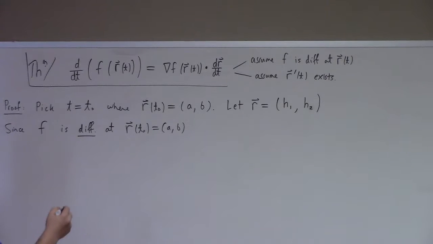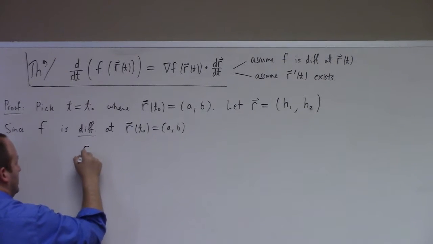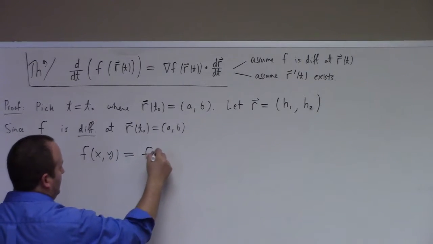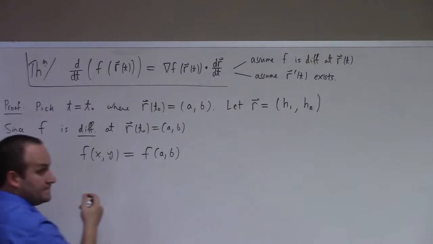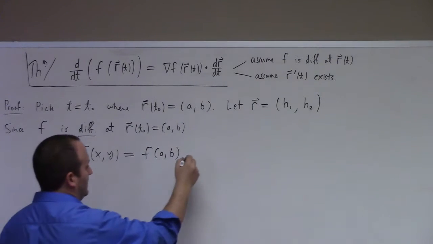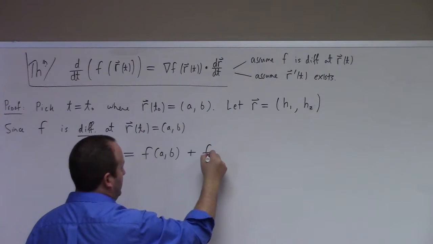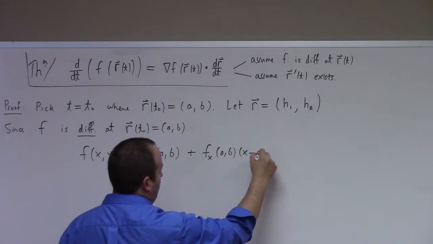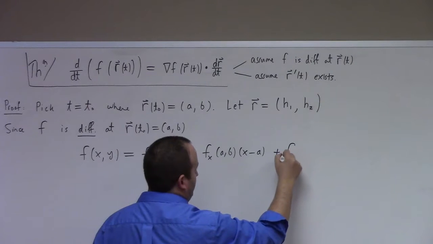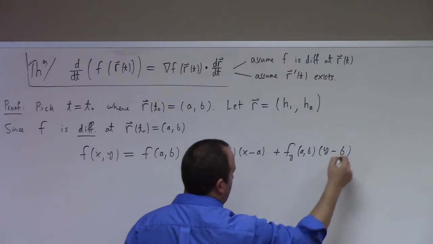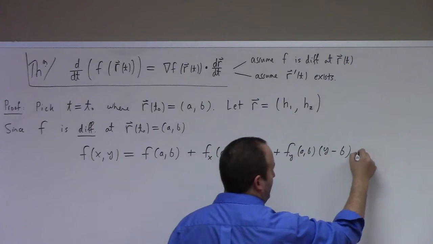That tells me that I can write f of (x, y) as equal to f of (a, b), plus what? Well, plus the x derivative at (a, b) times x minus a, plus the y derivative at (a, b) times y minus b. And then plus some remainder term, right?